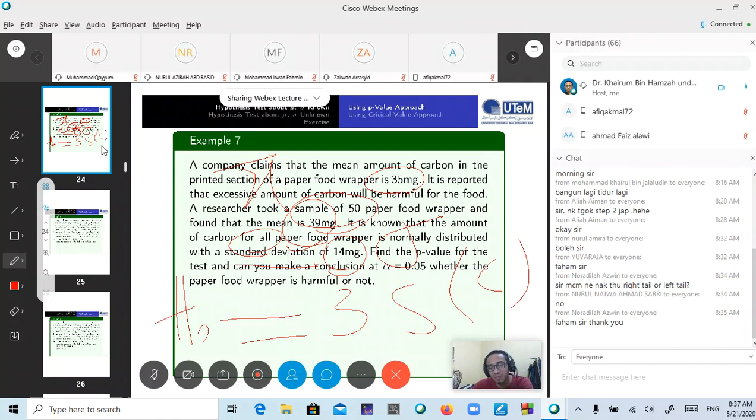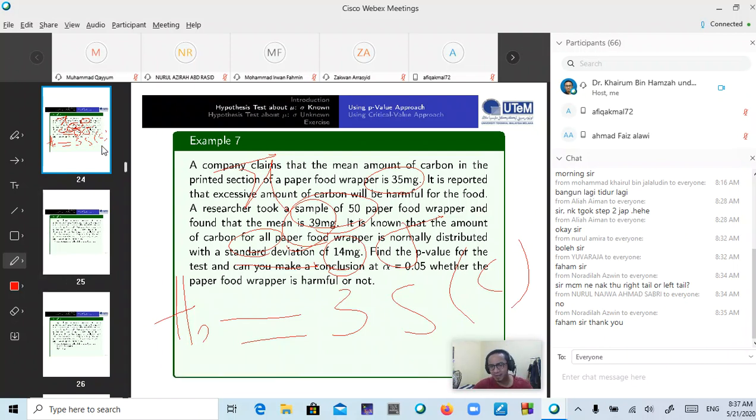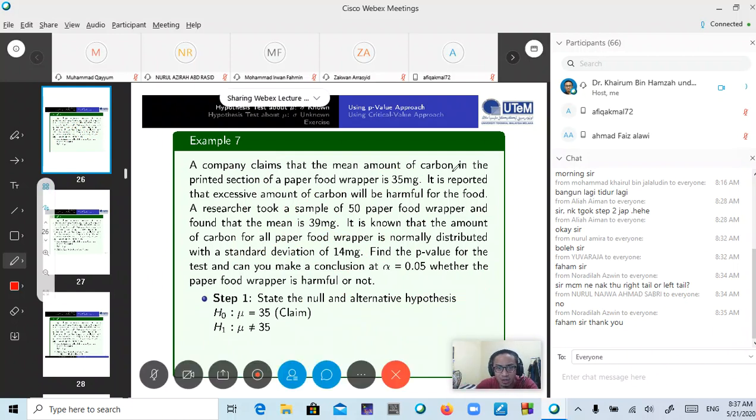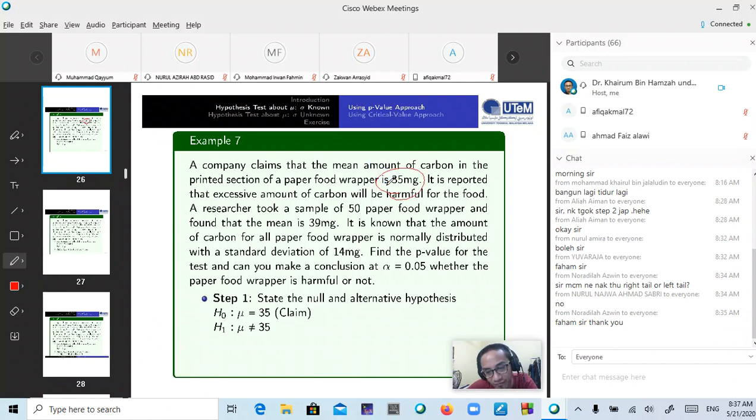Okay, in p-value approach, first step sama je dalam method mana-mana. Awak kena, first step mesti kena identify H0, H1. Apa H0, H1? Macam saya cakap tadi lah. H0 is mu equal to 35, where it is your claim because it's 35 ni. And then your H1, mu not equal to 35.